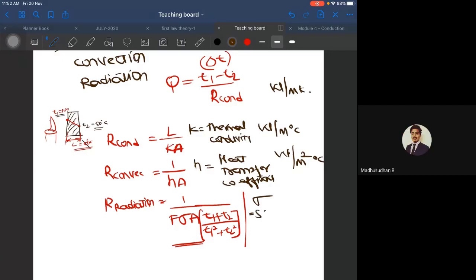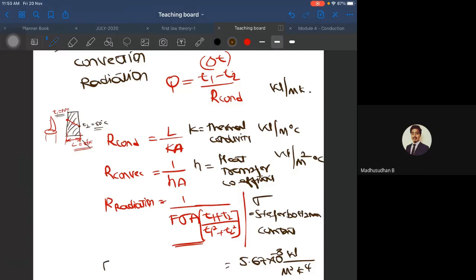It is the Stefan-Boltzmann constant, and what is its value? 5.67 into 10 to the power of minus 8 watt per meter square Kelvin to the power of 4. So this is the value of the Stefan-Boltzmann constant.